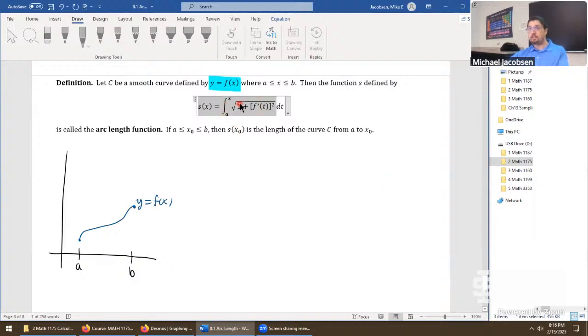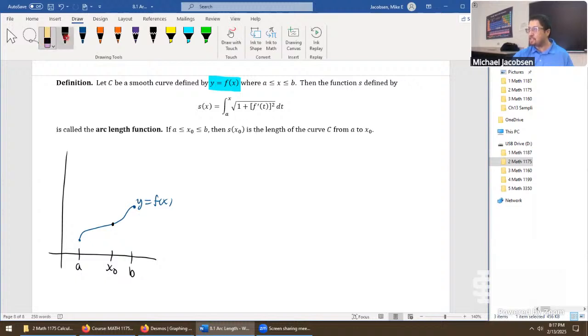This expression, that is the arc length expression. So the interpretation is, if you put a value inside here, x, call it x naught as our author does, put maybe an x naught here, then what s of x calculates is the arc length of this portion here.